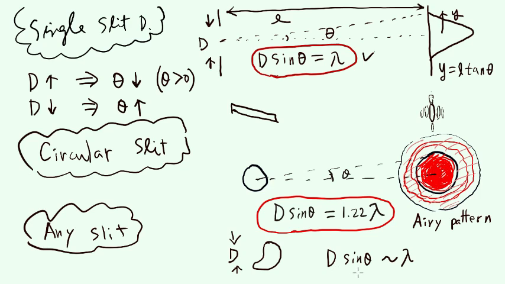And you will notice that in future physics courses, physicists really like this wiggly symbol here. It means approximately, or more exactly speaking, on the order of. So this means that d sine theta could be 1 lambda, or 2 lambda, or maybe 3/2 lambda, 1.5 lambda, which is what I mean.